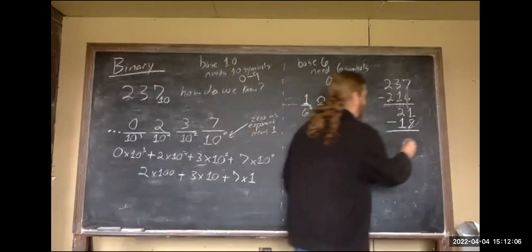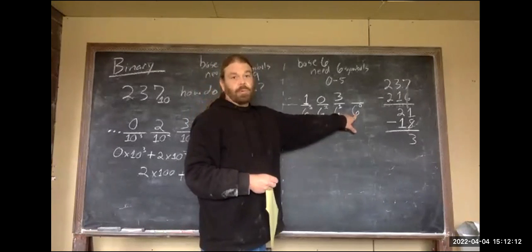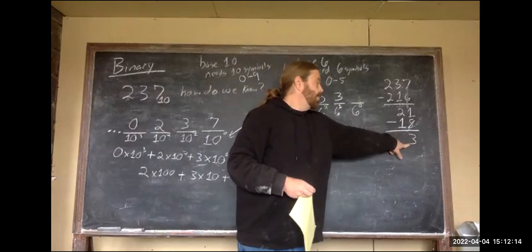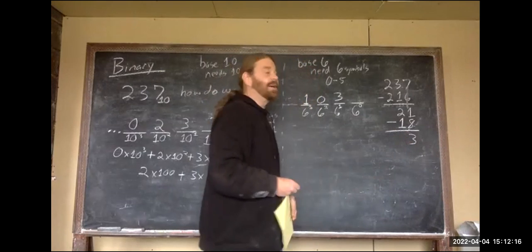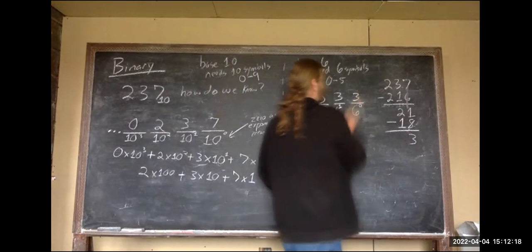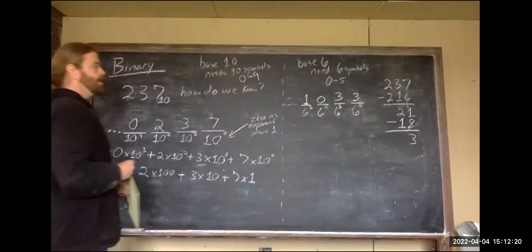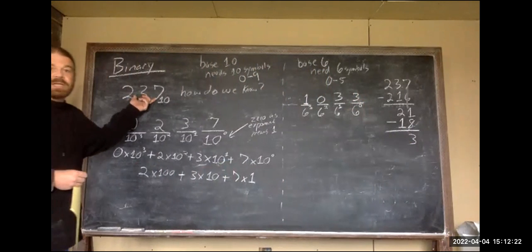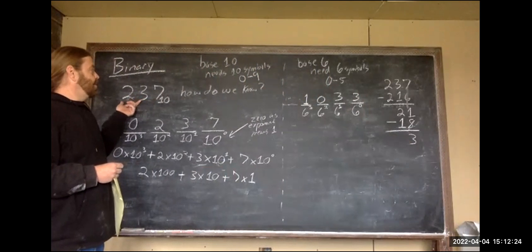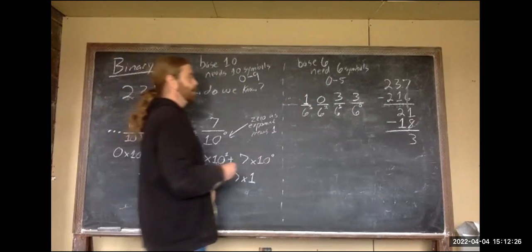So you have 3 left over. So we have 3 6s, and now we're over to the ones column, and well, we're at the bottom, so we already know how many ones are left: 3. So 1033 would represent the same value as 237 in base 10.